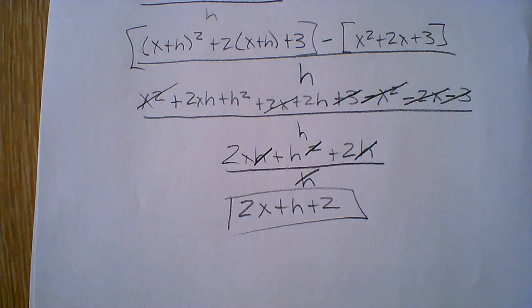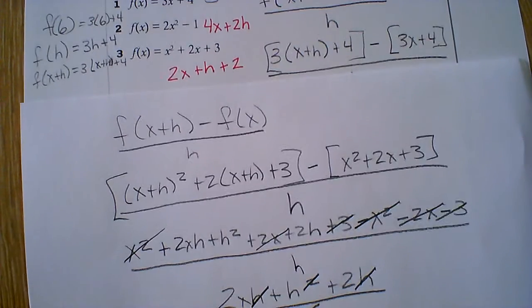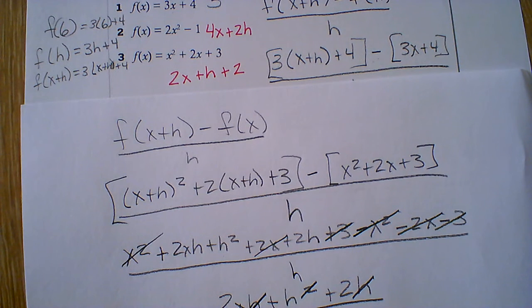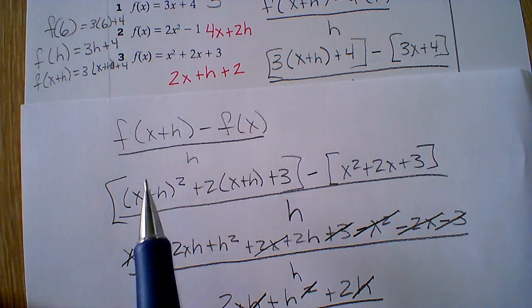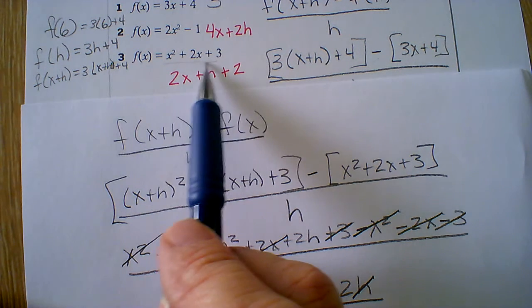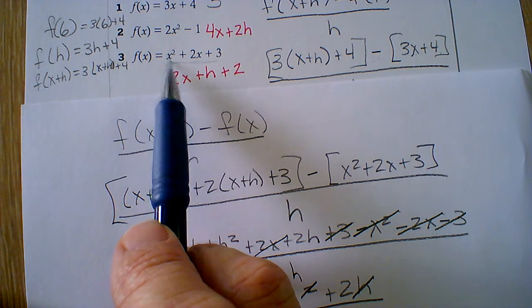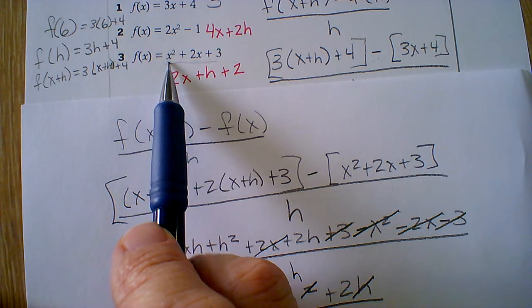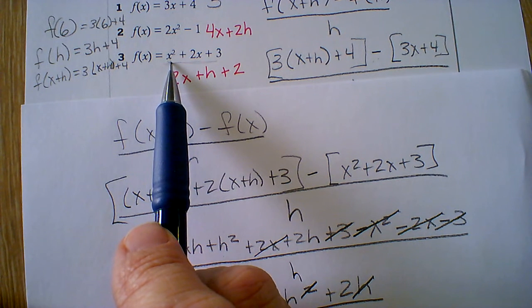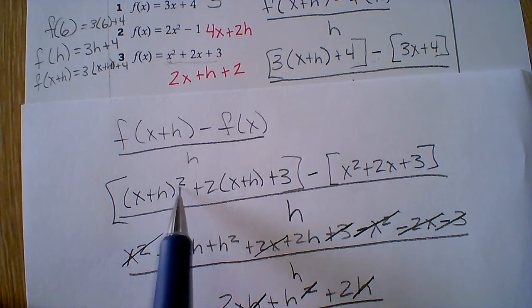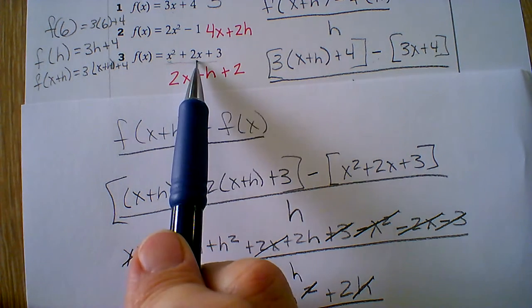Okay? Yes? I don't know why you lost me at the very beginning. Can you explain that first bracket? Okay. Here's our function, right? What do I plug in place of x here? X plus h squared, right?